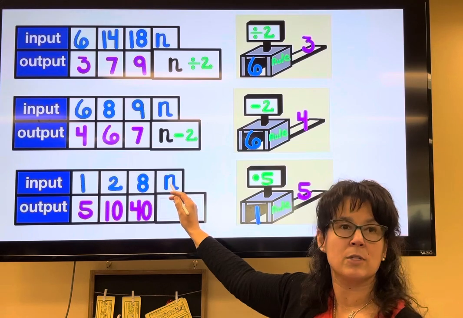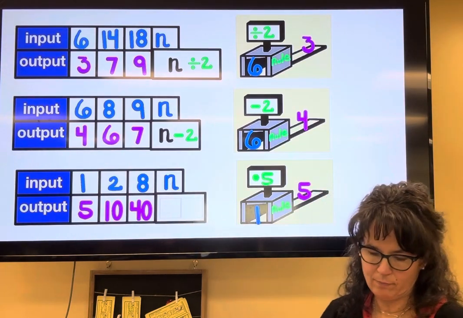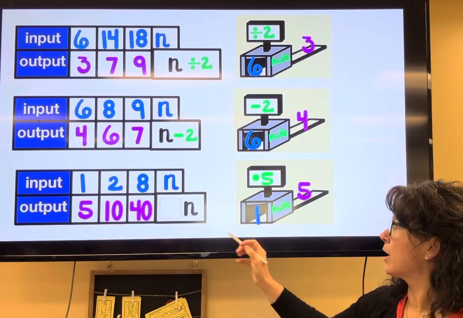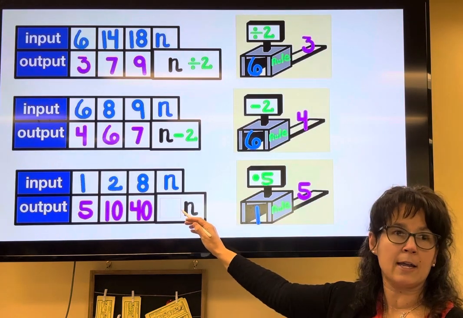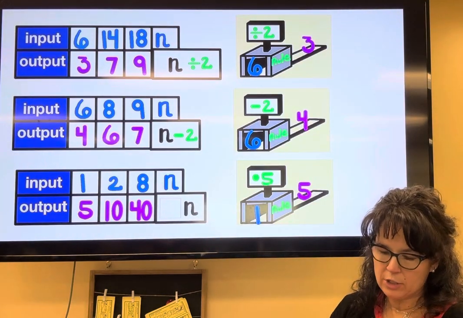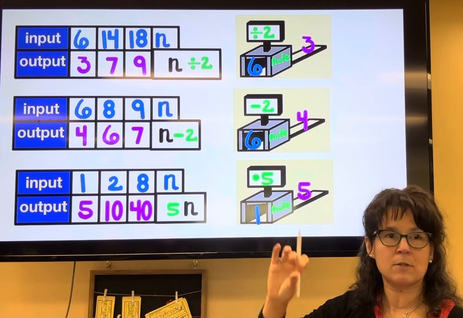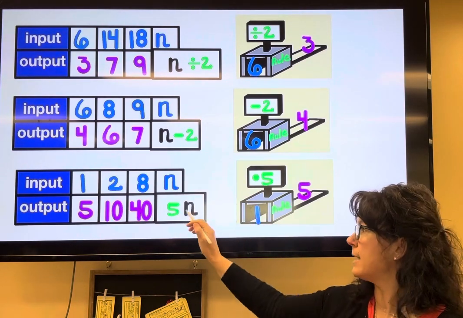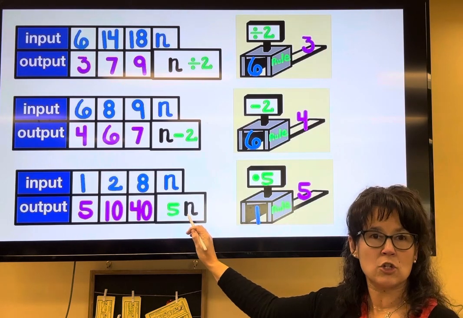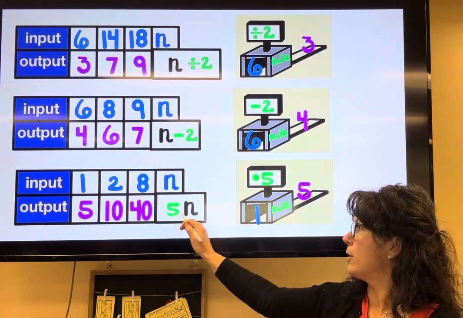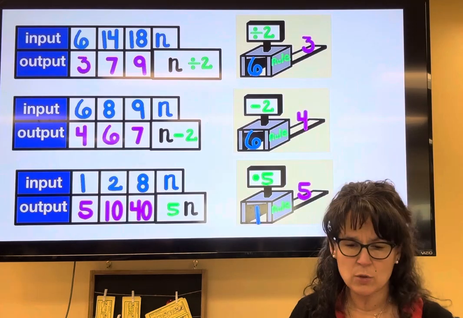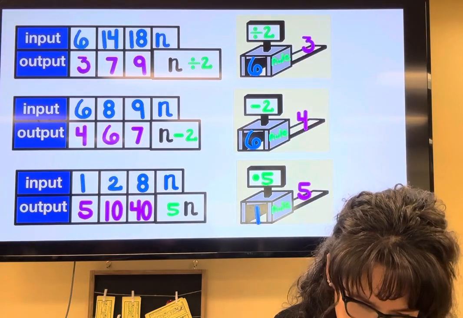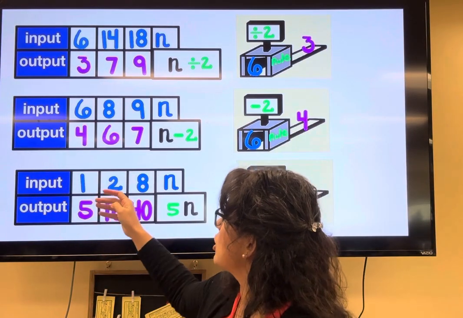If the number that goes in is n, then we're going to multiply that number by 5. You could write n times 5, but it's a little bit easier or shorter to write, having the number in front to show multiplication. So I put 5n.